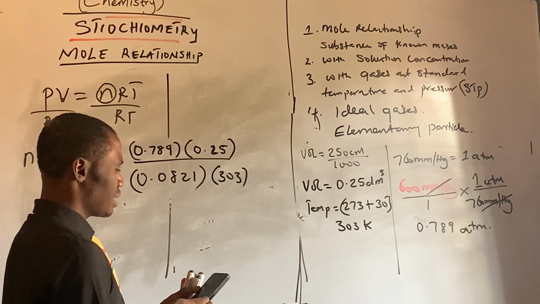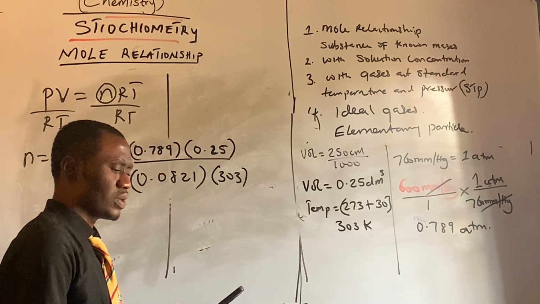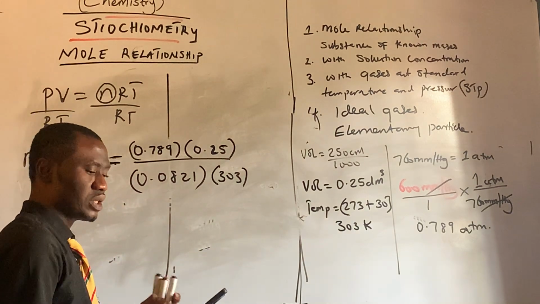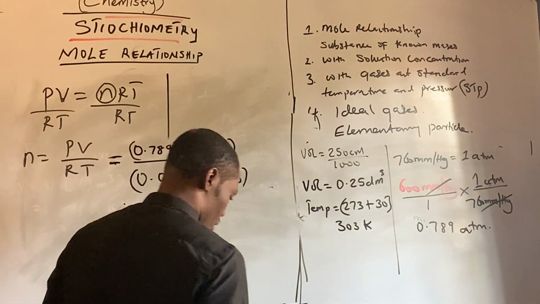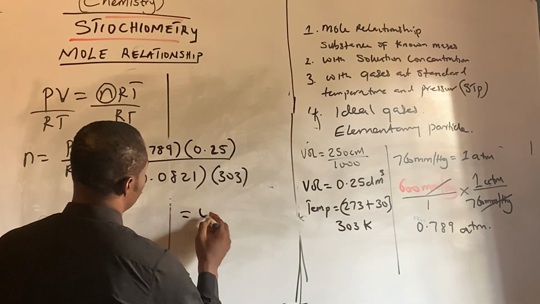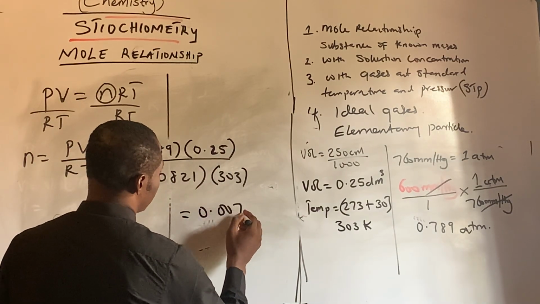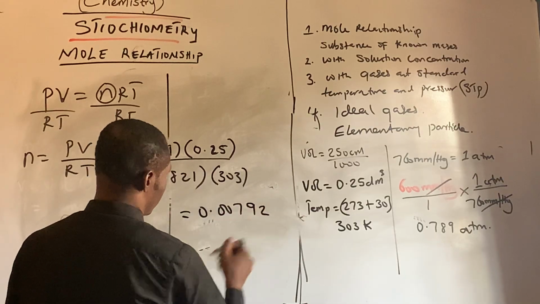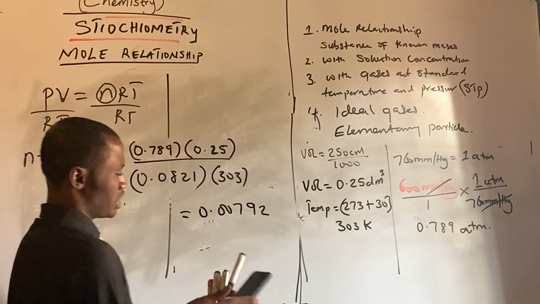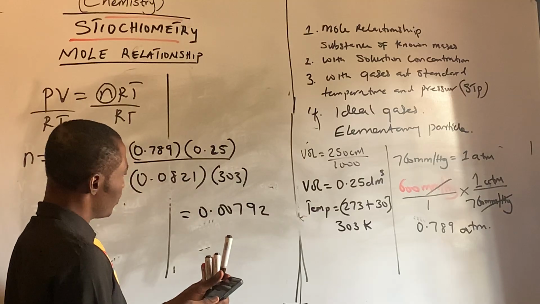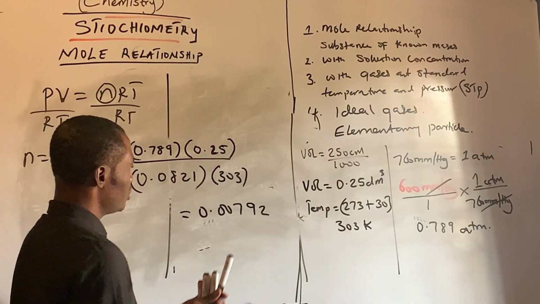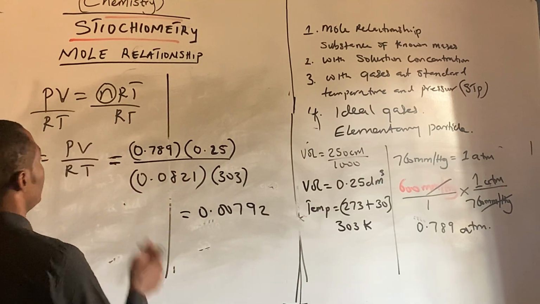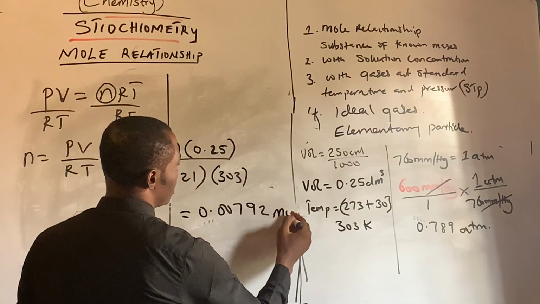My answer is 0.00792. I think I'm correct. Let me check that. 0.00792. So what's my unit? The unit for mole is mole.